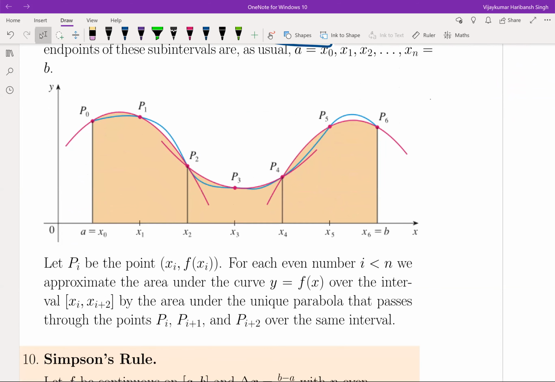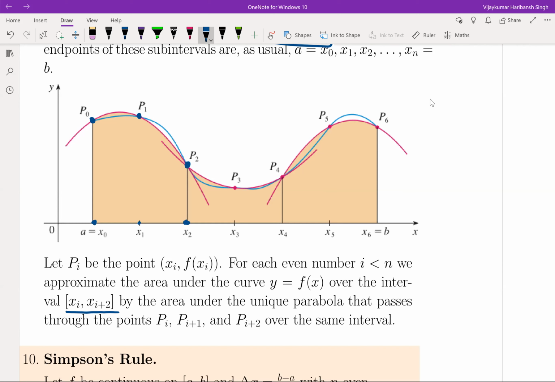Now what you do is the following. Let Pi be the point (xi, f of xi). For each i less than n, we approximate the area under the curve over the interval xi to xi plus 2. So you go 2 at a time, and you will find a unique parabola. You're given the function value at x0, at x1, and at x2.